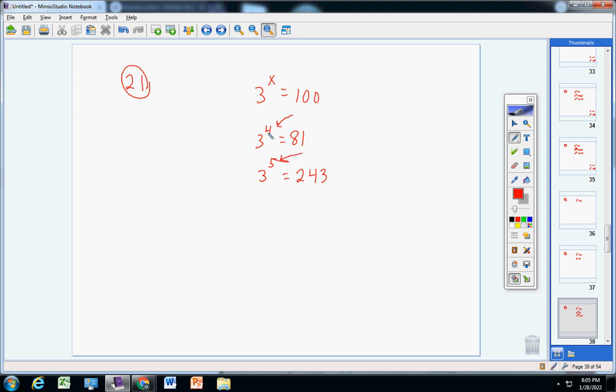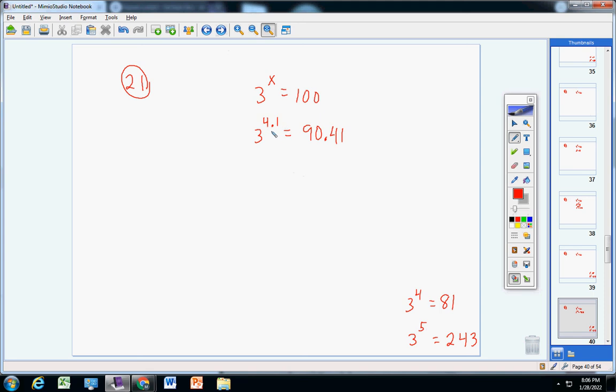So your answer has to be between 4 and 5. Okay, so I tried 4.1. I got this. I tried 4.2 and I went over 100. Barely, but I went over 100. So your answer is 4.1. And again, yes, you could get more exact than that. We're not going to do that.